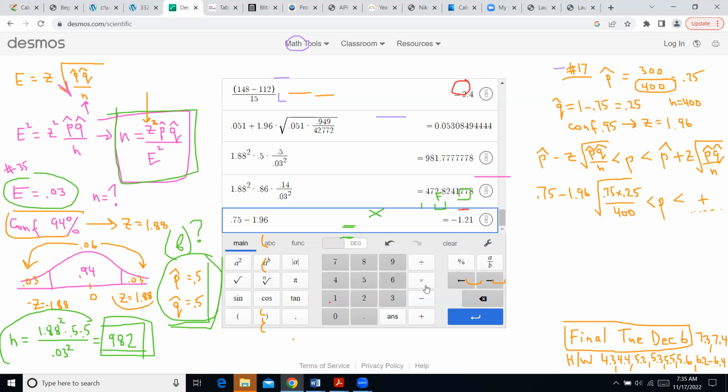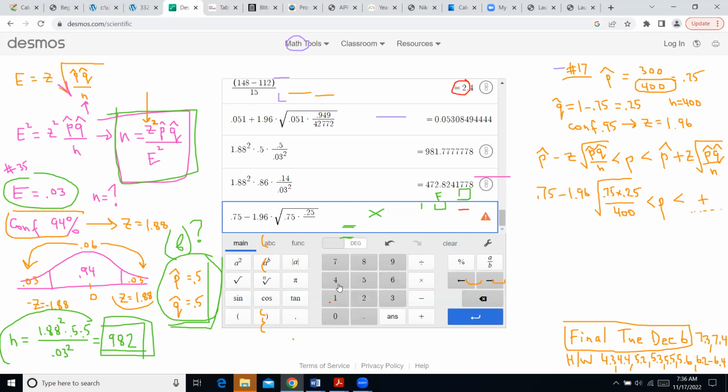And then I multiply this by the square root of 0.75 times 0.25 divided by 400. So here's my left end for this interval. It's 0.707 dot dot dot.